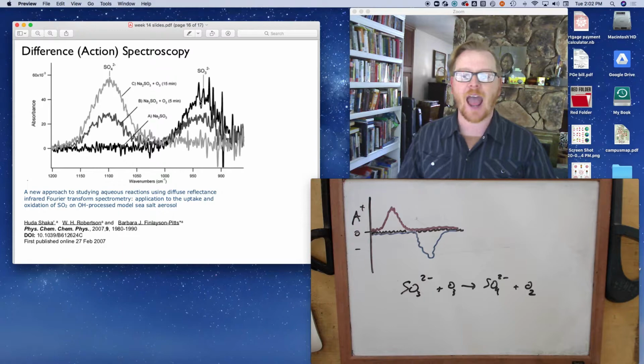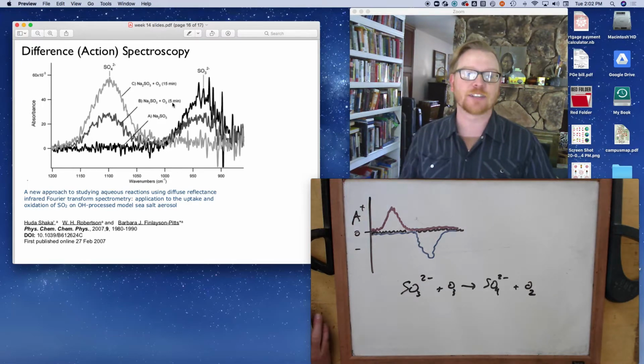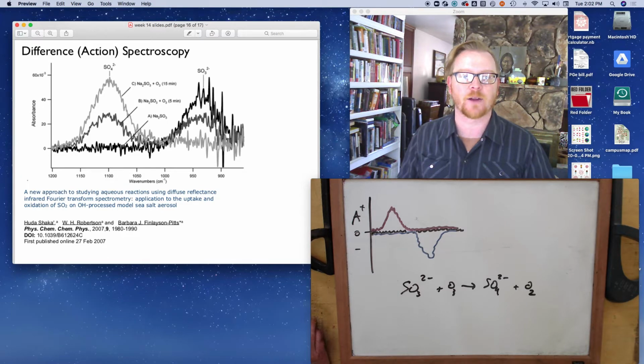Okay, so then now what happens is you start pumping in ozone over the surface. And as you start doing that, after 5 minutes, some of that sulfite has reacted, so the peak has gone down. And correspondingly, if you look at the gray one in the middle, some sulfate has showed up.